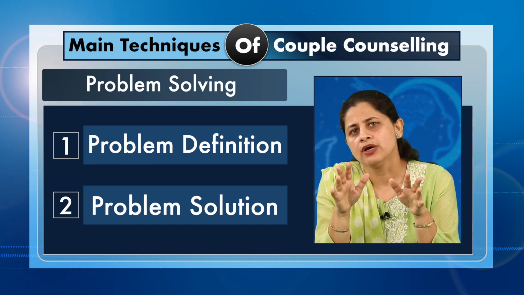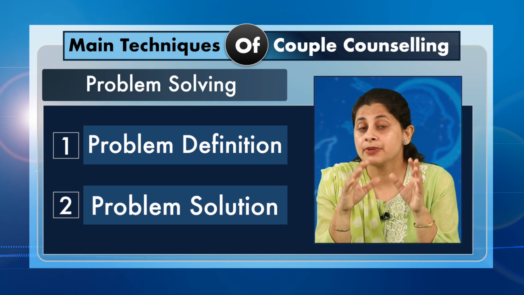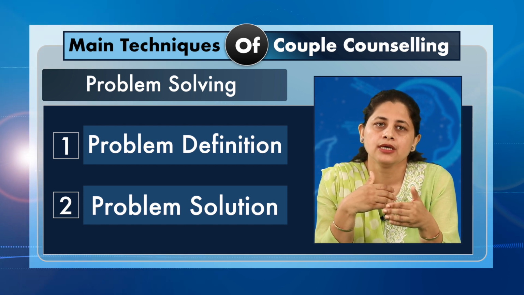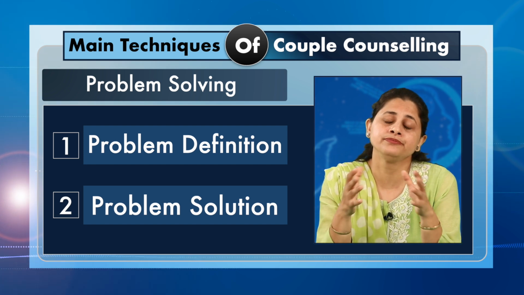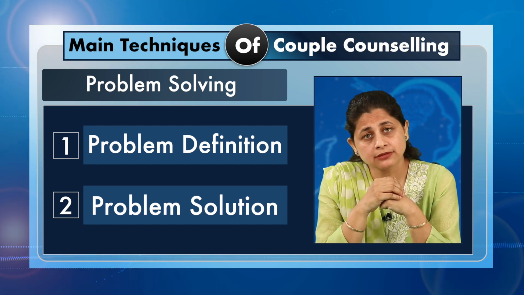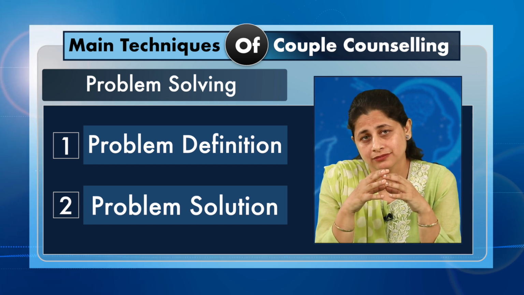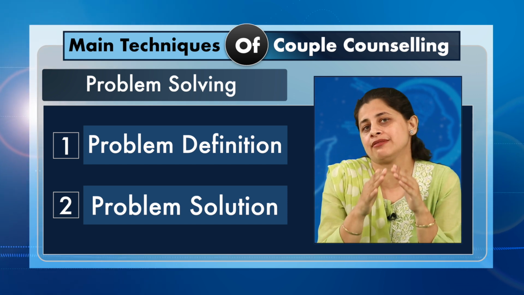Now we know that we are always surrounded by problems in our life, isn't it? But the main cause of discord between couples can be that one person might see something as a problem, but the other person might not find it problematic. And this can cause differences between the couple. So, the first step is about identifying the problems.